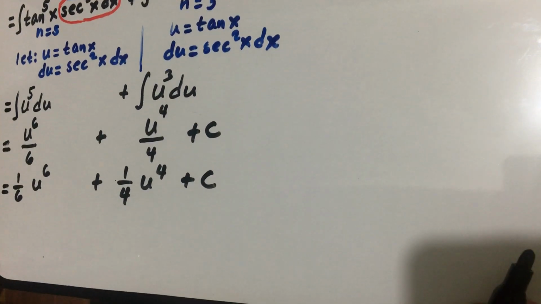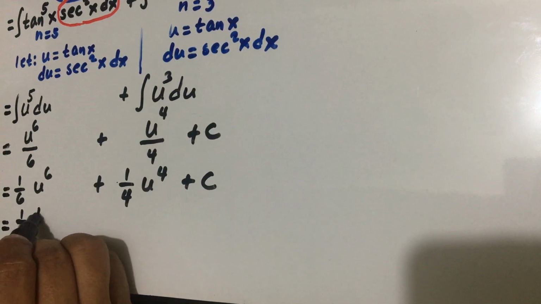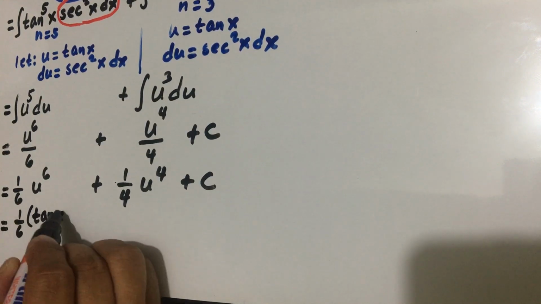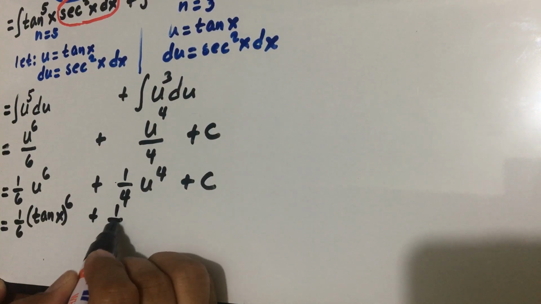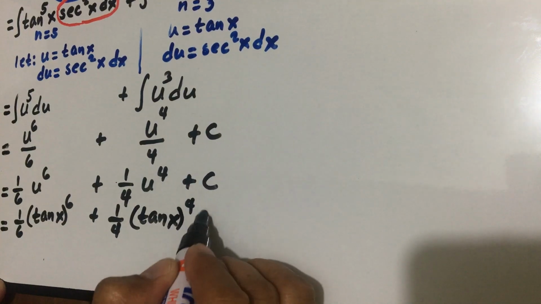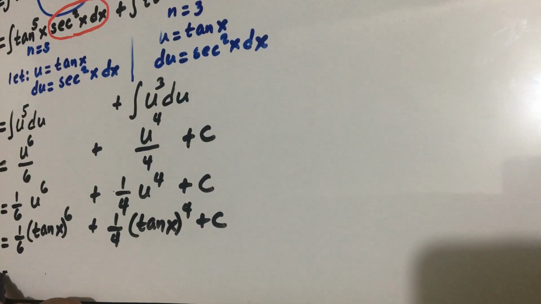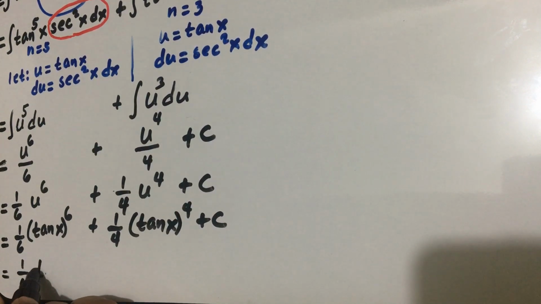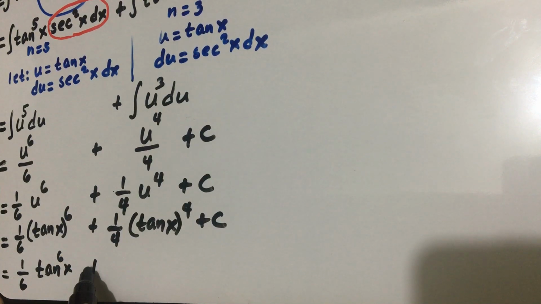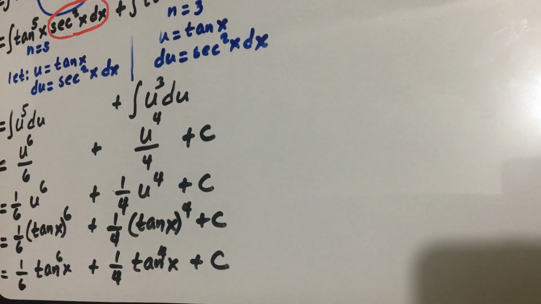Then substituting the value of u, which is tangent x, we can rewrite this as 1 over 6 tangent x to the 6th power plus 1/4 tangent x to the 4th power plus c. So that's our final answer.